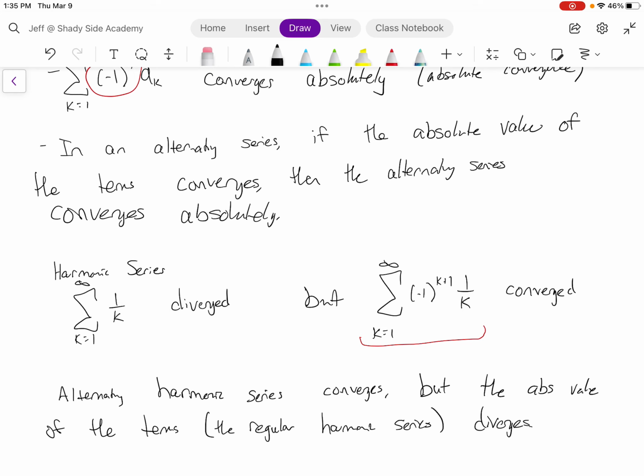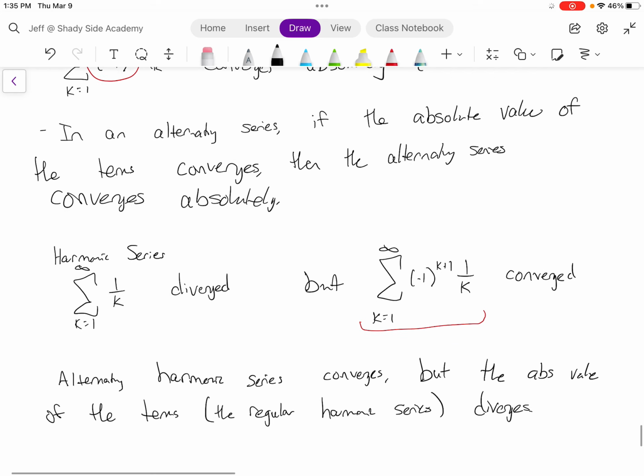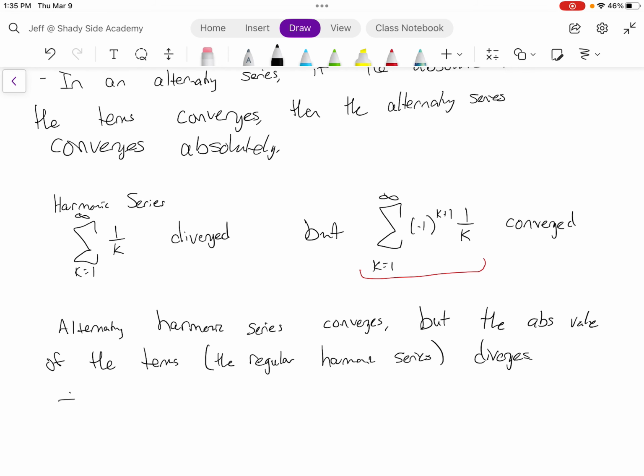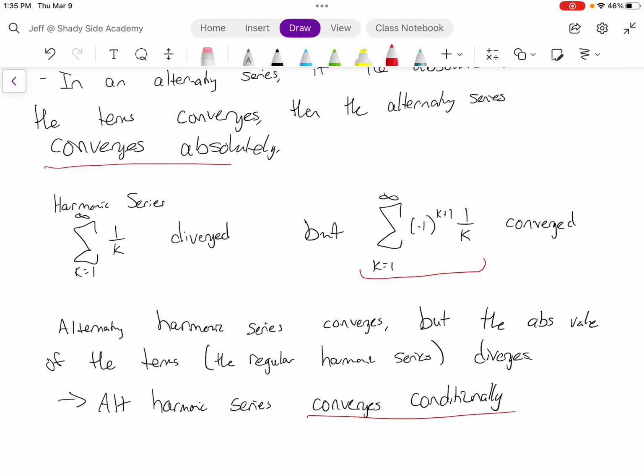Okay, so we would still say that the alternating series converges, but we would say therefore the alternating harmonic series converges conditionally, meaning again, its absolute value does not converge at all. So we'd say it converges conditionally, as opposed up here where we said that other series converged absolutely. So we have two different types of convergence for these alternating series: conditional convergence and absolute convergence.